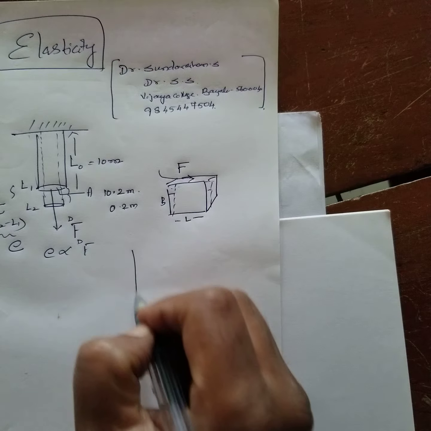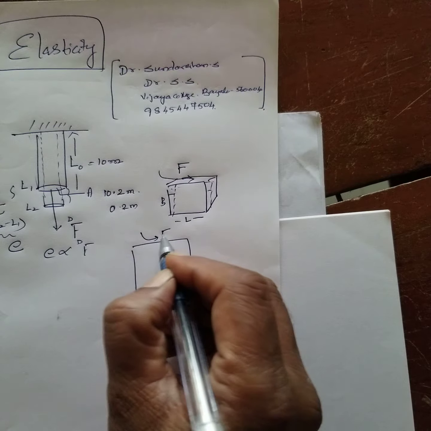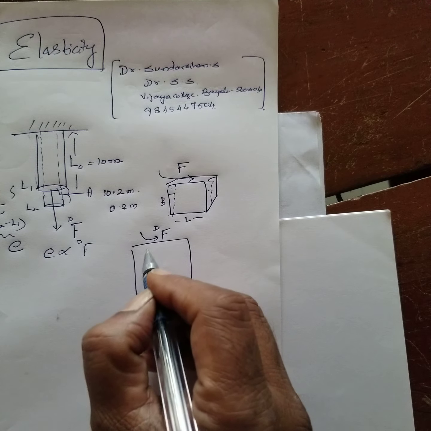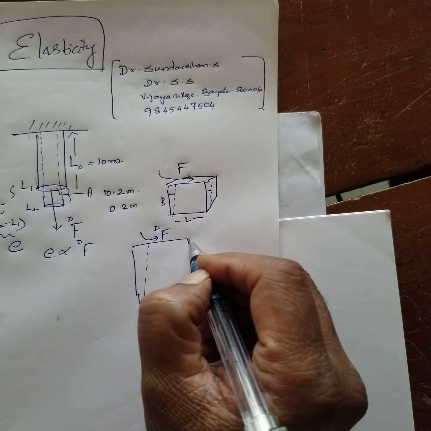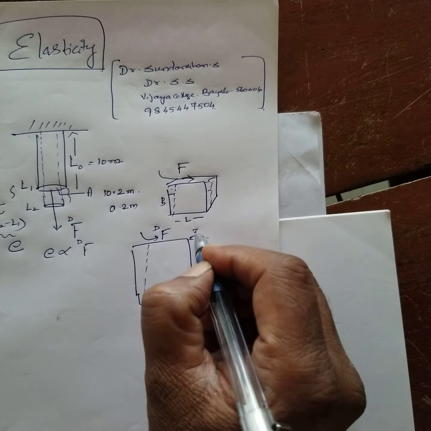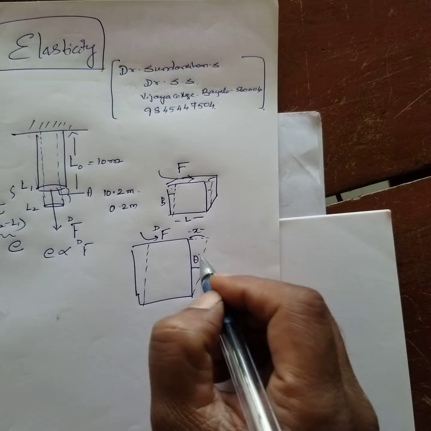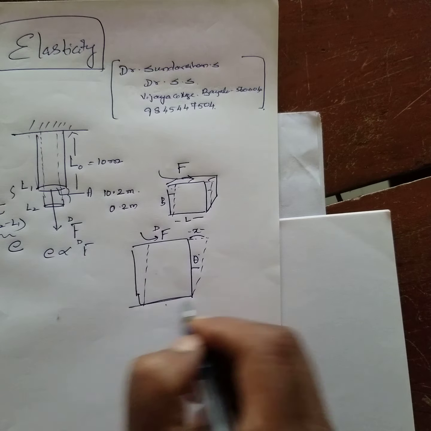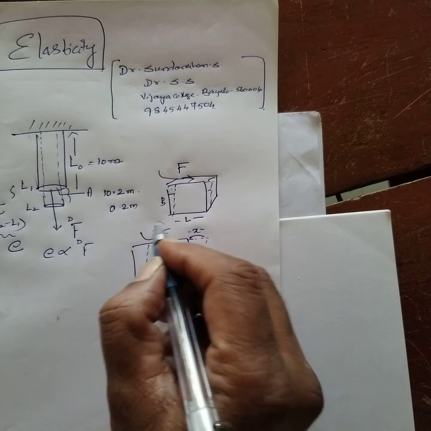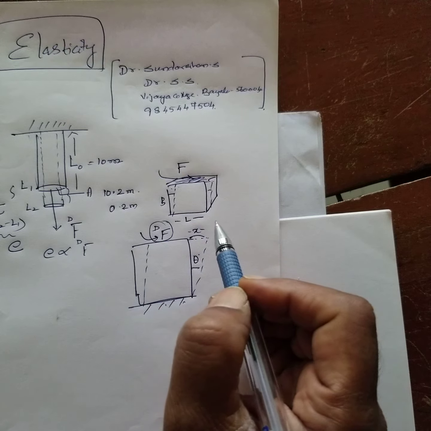That means the body was in this shape, and when you apply a force, what force? Deforming force. There is a deformation that takes place. It is shifted so much distance. Theta is the angle, and this force remains fixed. This is called deforming force. Force is acting on this much area.